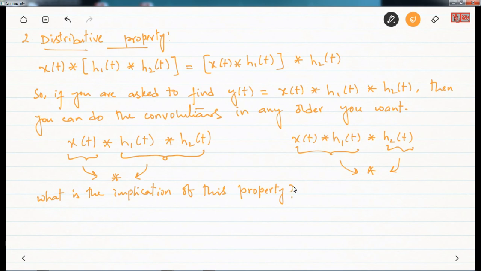One of the most useful things about this property is, if there is a system, something like this, okay, no, oh, okay, see. It is not the distributive property. It is the associative property.